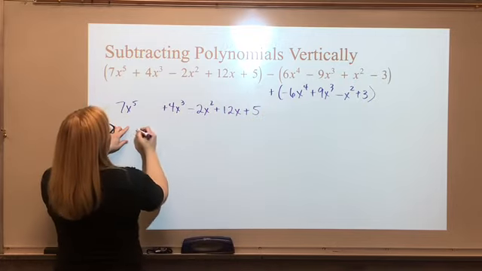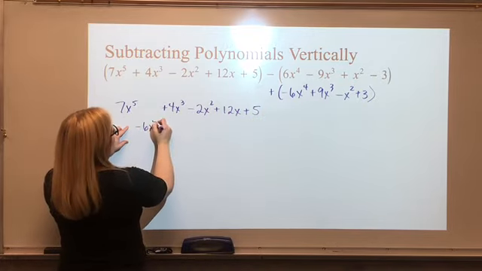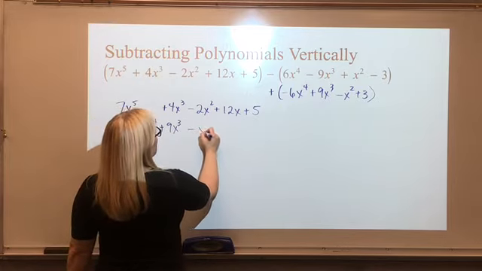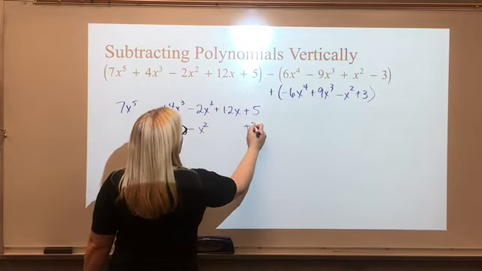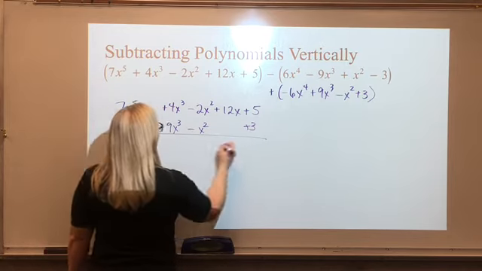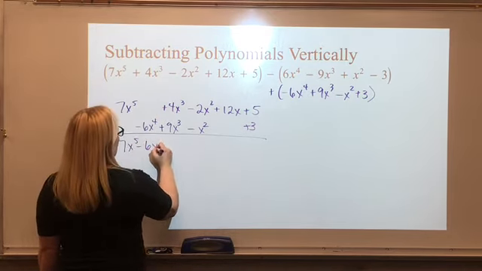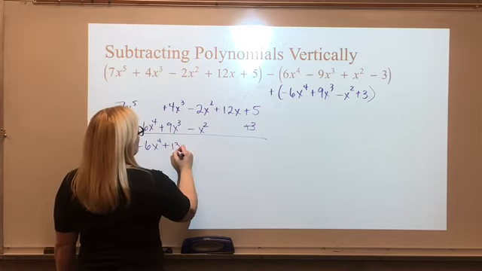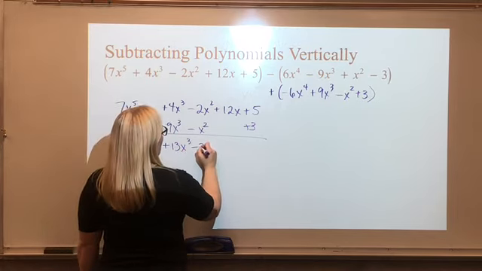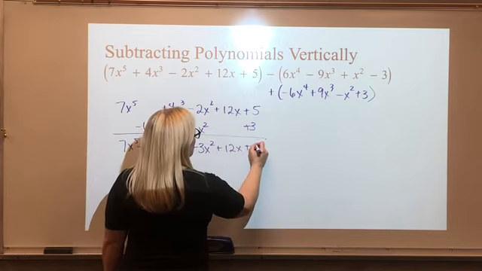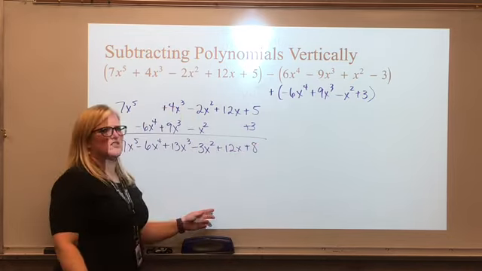Now I'm just going to line them up. So negative 6x to the 4th plus 9x cubed minus x squared plus 3. And I'm left with 7x to the 5th minus 6x to the 4th plus 13x cubed minus 3x squared plus 12x plus 8. Weird how it's the same answer as the slide before.